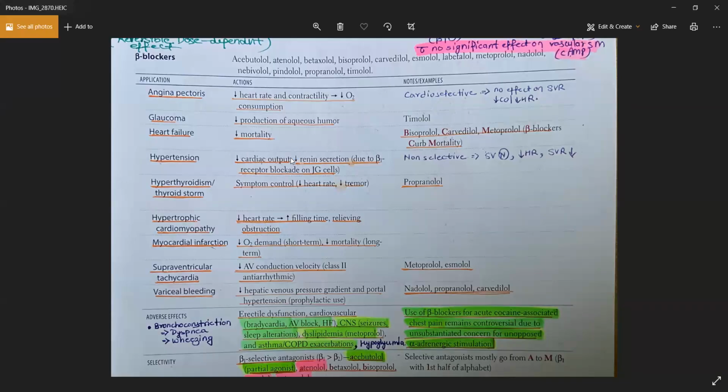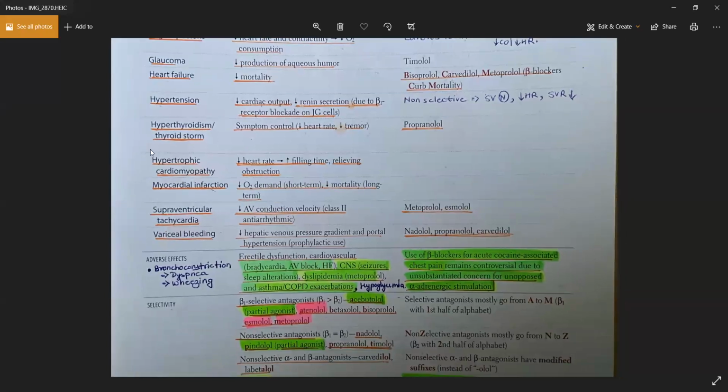They will block the beta 2 receptors, so what you will get is a vasoconstriction. In case of a selective one, you will get the loss of cardiac output and loss of renin secretion. So mostly the beta 1 selective are given in case of hypertension treatment, not the non-selective types. Okay, very much important to know.